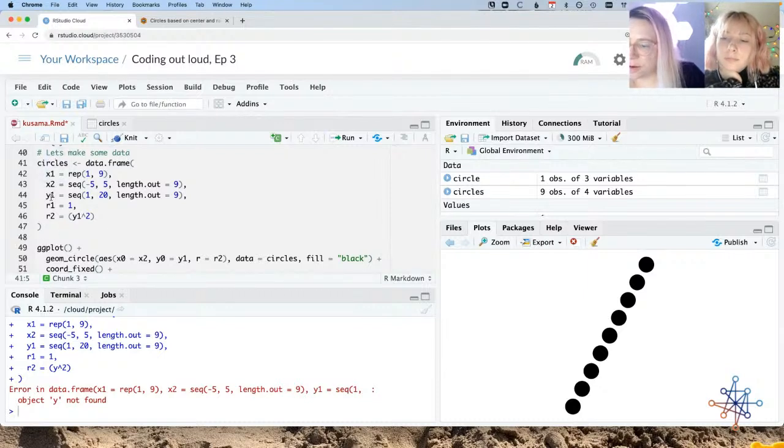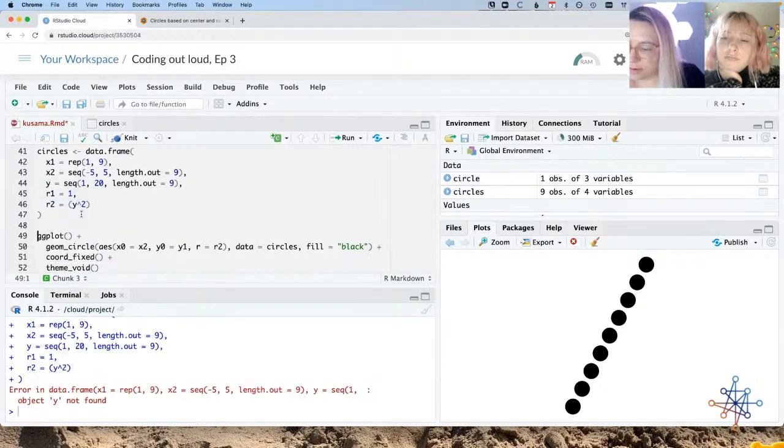Oh, we're probably not going to change our y's, right? We can keep that. It's still complaining. Why are you complaining? How about we make these as a tibble?